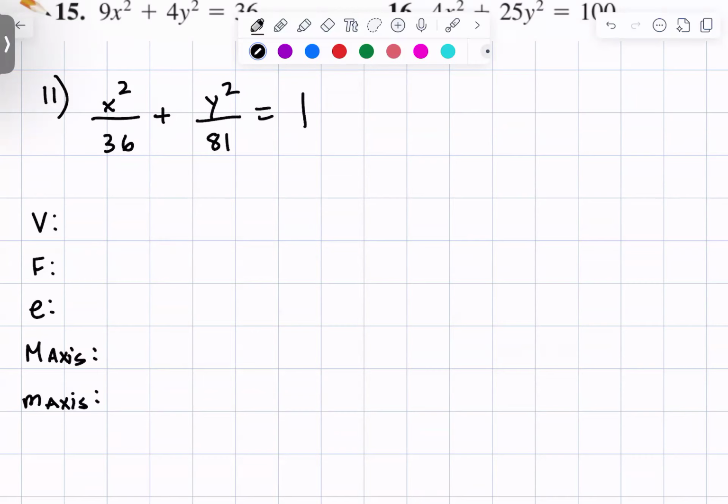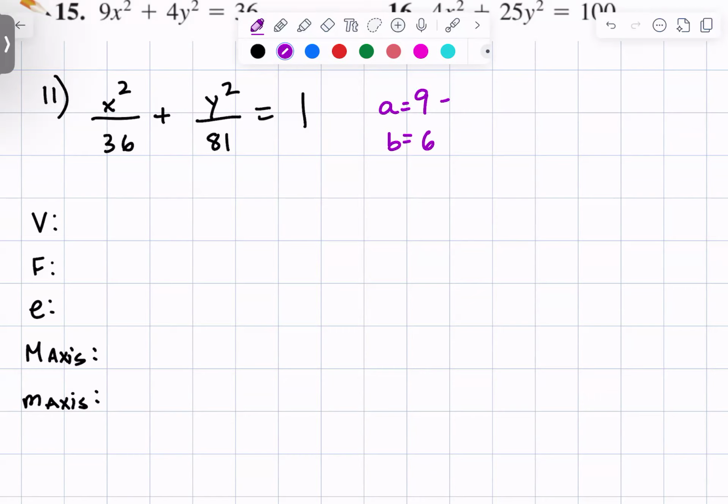Okay. So the first thing is this a tall one or a fat one? Tall one, right? Yeah, because the number below the y squared is bigger than the number below the x squared. Okay. So my A value here is 9. My B value here is 6.